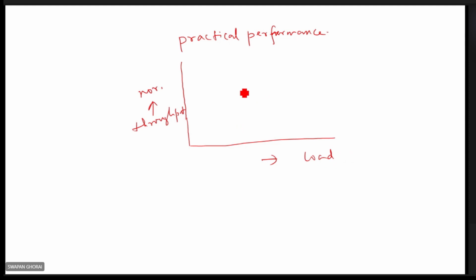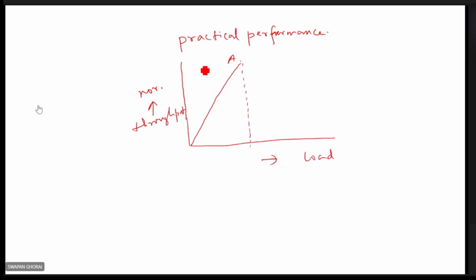Somewhere here initially throughput will increase, and somewhere here you reach A. After that you can see it here.